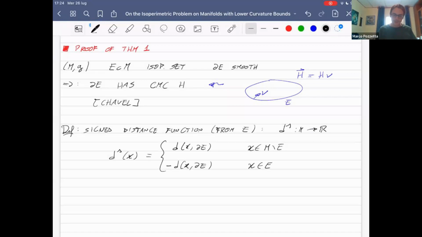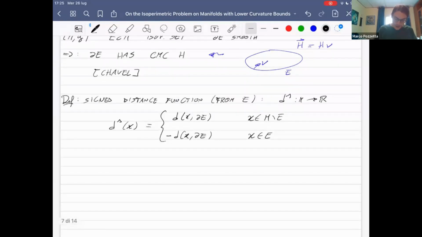Okay, so this is the so-called signed distance function. You just change the sign when you are inside E, right? So it is a nice Lipschitz function, and the remark is that, of course, the boundary of E is exactly the zero level set of d_s.